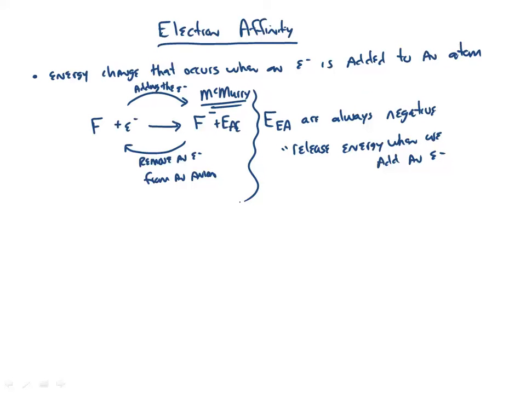Some books are going to define it as the opposite, and you just have to remember to change the sign. The other odd thing about electron affinity is that electron affinities cannot be positive by this definition, because it would be impossible to add the electron.